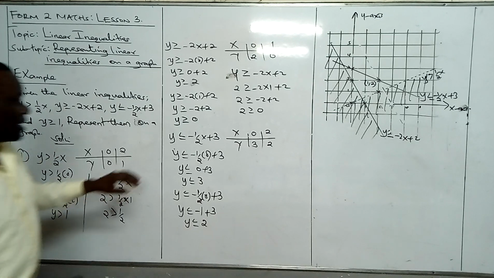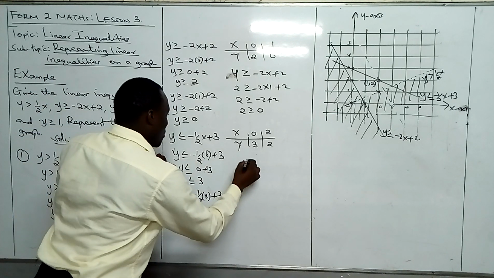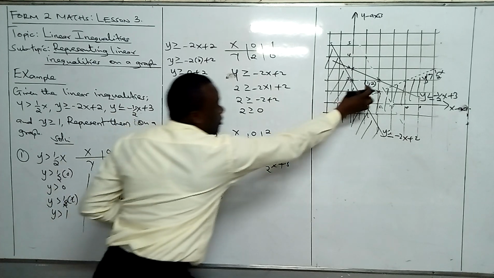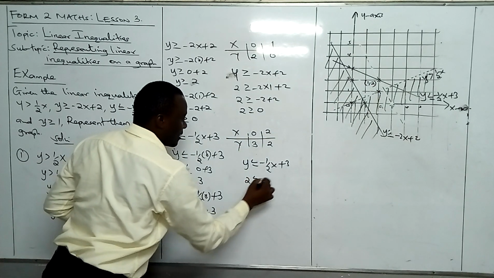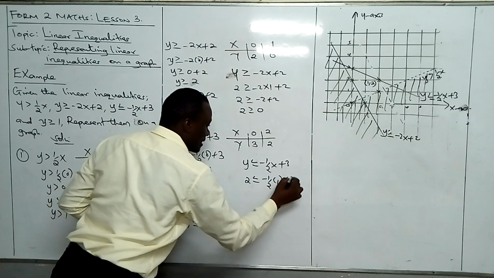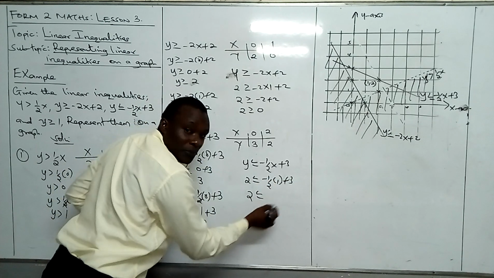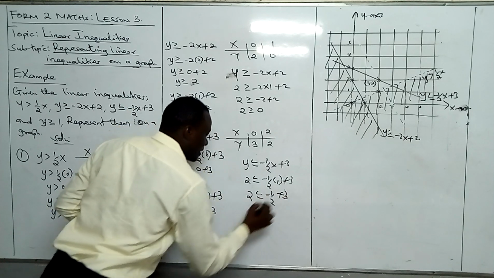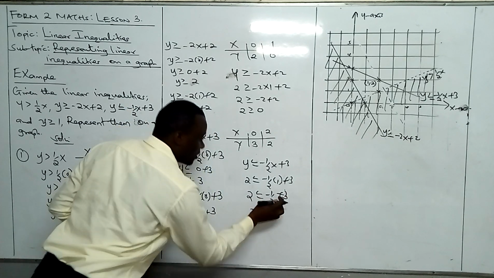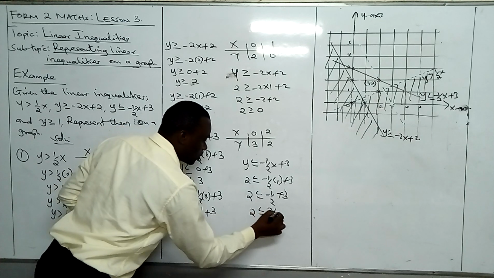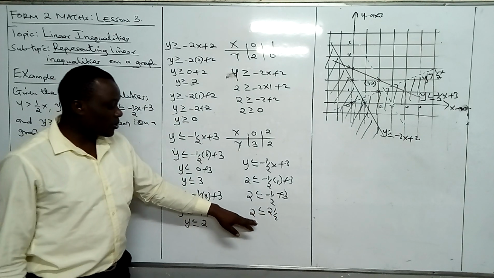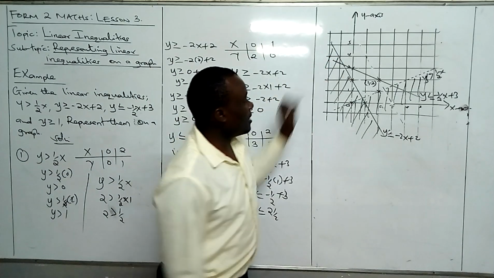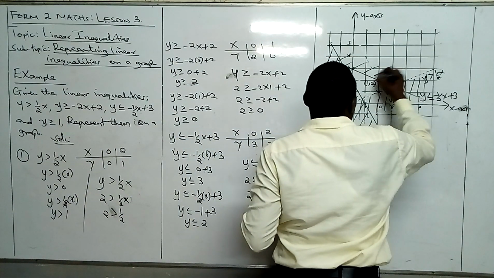We say y less than or equal to minus a half x plus 3. y is 2 according to our point, minus a half times 1 plus 3. 2 less than or equal to minus a half plus 3. That means 2 will be less than or equal to 3 minus a half, which is 2 and a half. The statement is very true. So if the statement is true, we cannot shade the region where the point is. We will shade the opposite side.